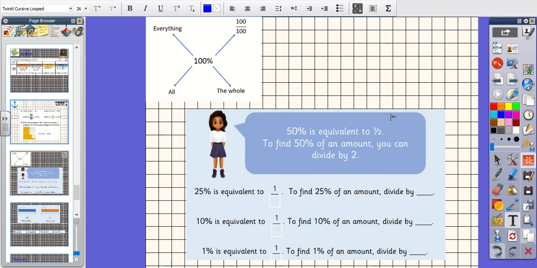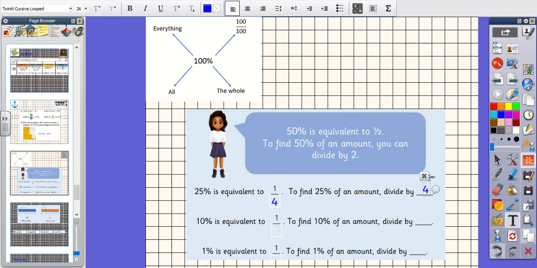So, using that denominator there to help us, 25% is equivalent to a quarter. Now, as I said yesterday, some fractions you just need to know. 25% is one of them. So is 50%, so is 10%, so is 1%. Okay, so 25% is equivalent to a quarter. So to find 25% of an amount, we must divide by 4.